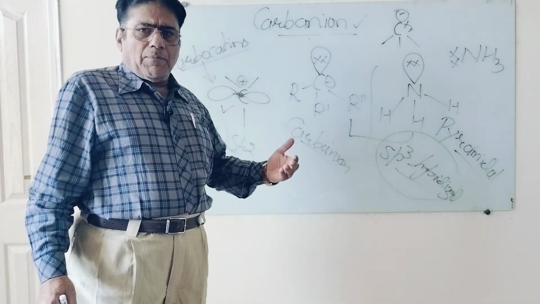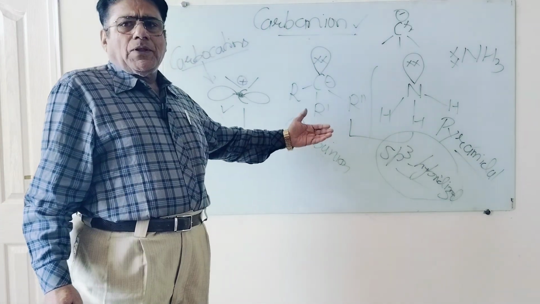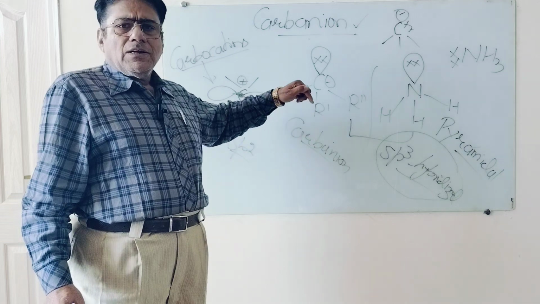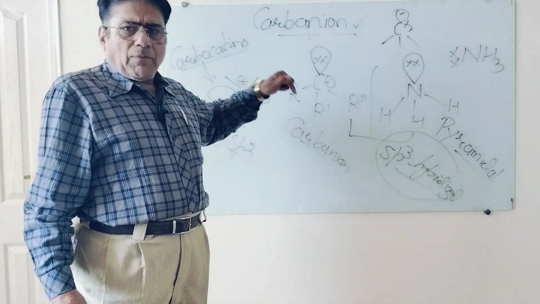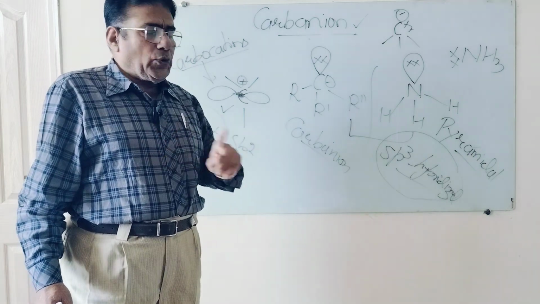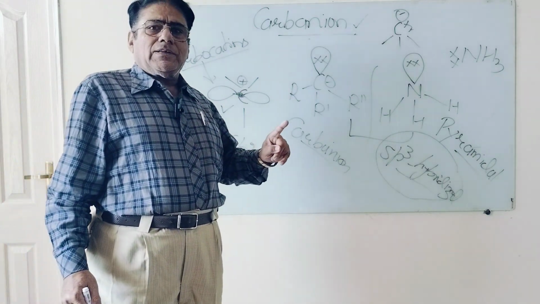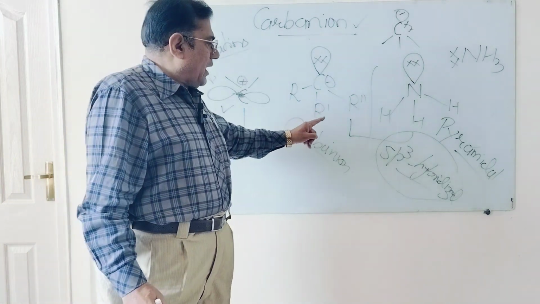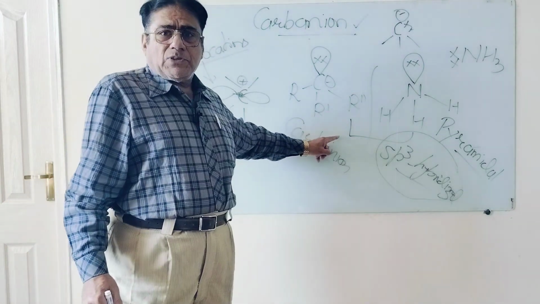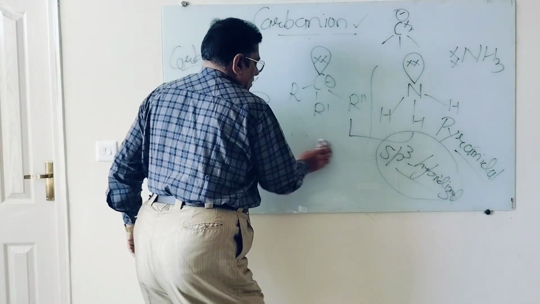Four hybrid orbitals are required, and it is quite justified to say that carbon is sp3 hybridized. But is it always? No. Carbocation is always sp2 hybridized, but in carbanion it might be sp3 or sp2. Which is the condition which changes carbanion from sp3 to sp2?